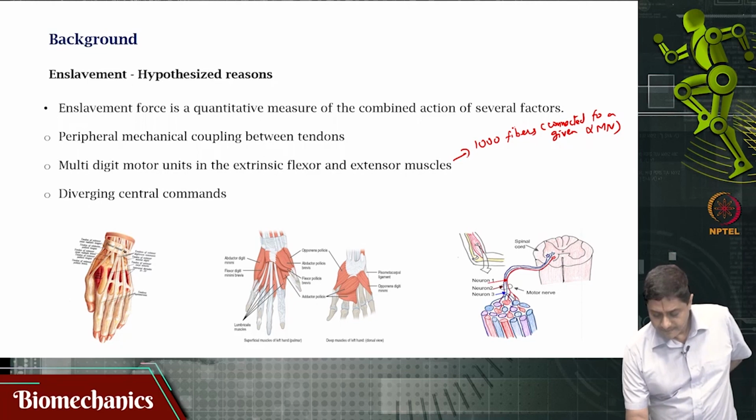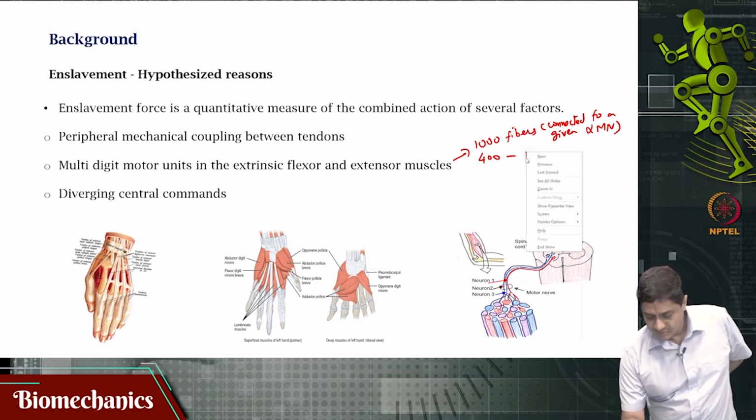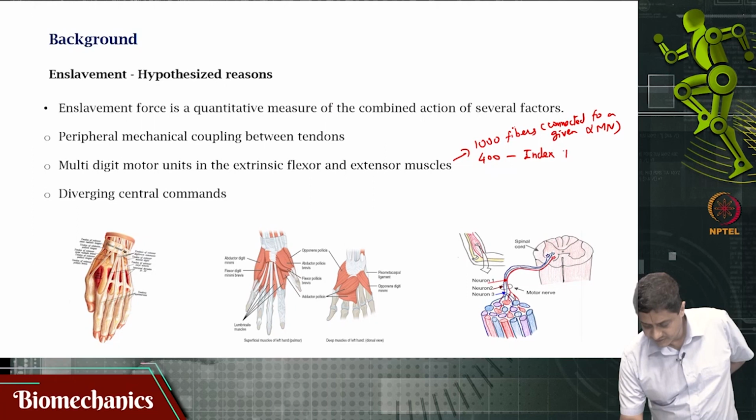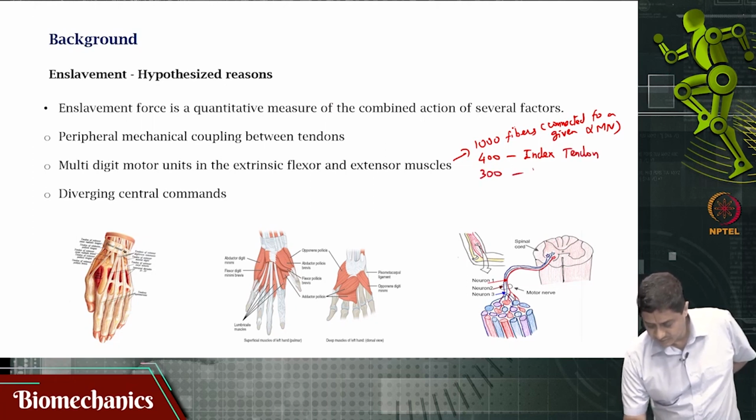Now, of this 1000, say 400 of them connect to the index finger tendon, say 300 connect to the middle finger tendon, 200 to the ring finger tendon, and 100 to the little finger tendon.